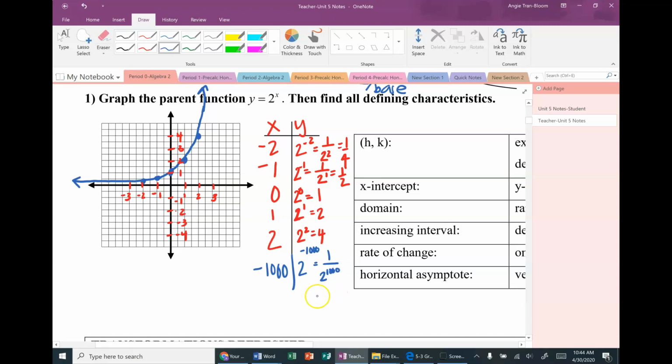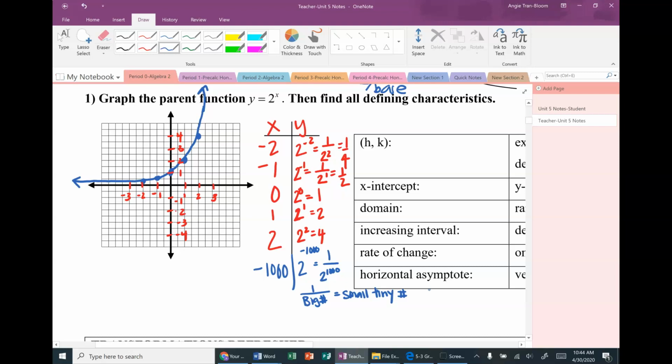Well, 2 to the 1,000 is a big number, but 1 divided by a big number is a very, very tiny number. But it's never ever going to be 0.